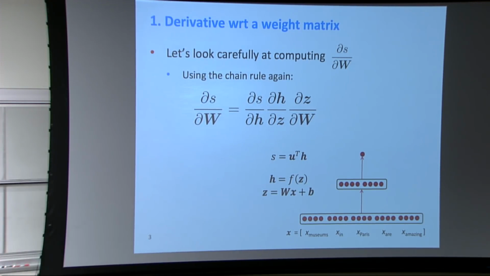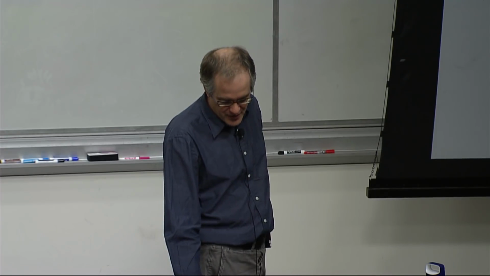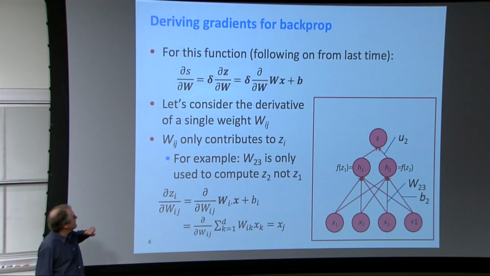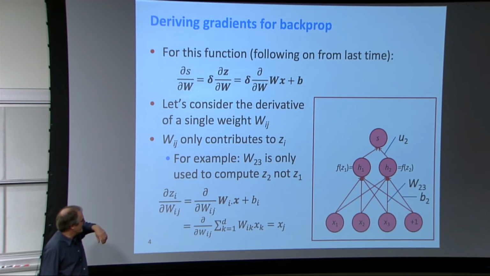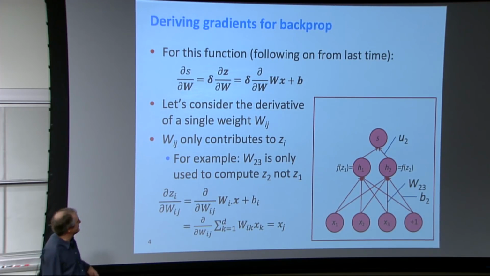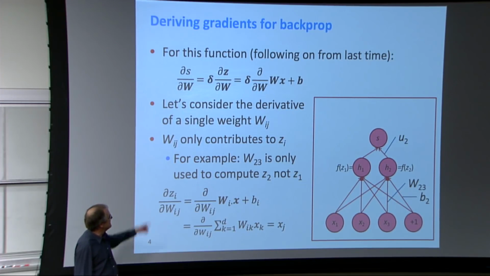If you remember last time, we'd done some computation of what those first two partial derivatives were, and we said that we could just call those delta, which is our error signal coming from above. And that concept of having an error signal coming from above is something I'll get back to in the main part of the lecture, and it's sort of a central notion. But the bit we hadn't dealt with is this dz/dW.